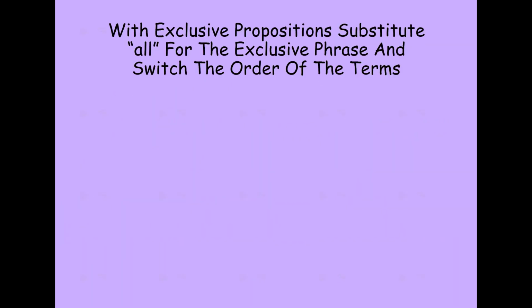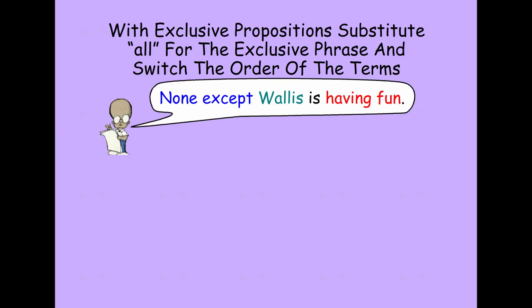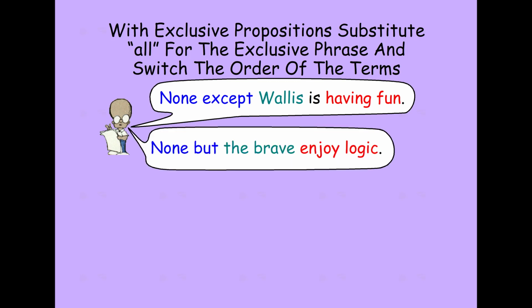The next one is called an exclusive proposition. Exclusive propositions exclude something from a general class. So none except Wallace is having fun. None but the brave enjoy logic. Each of these exclusive propositions is going to have an exclusive phrase.